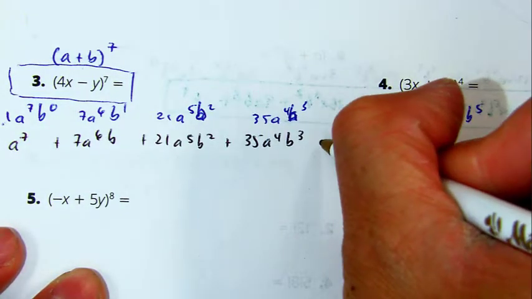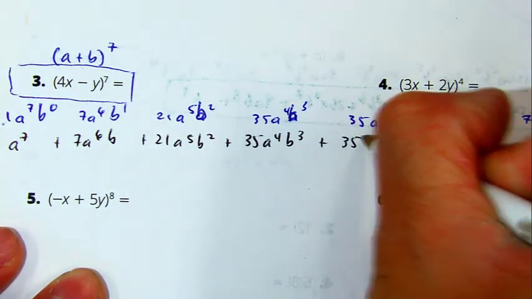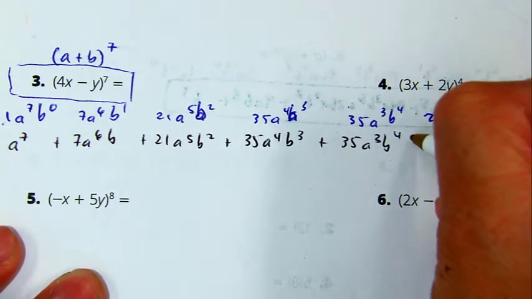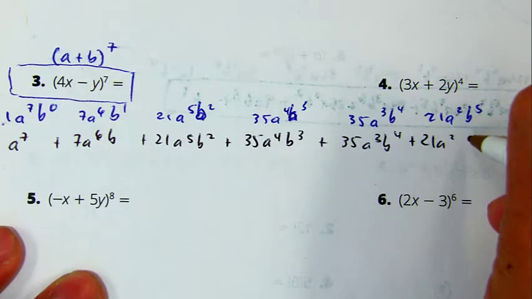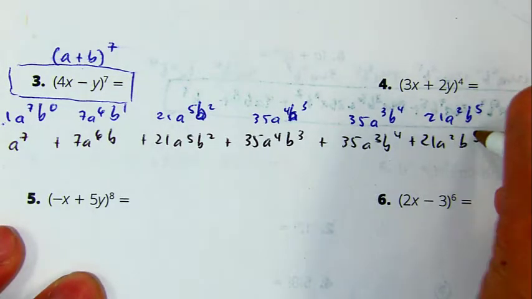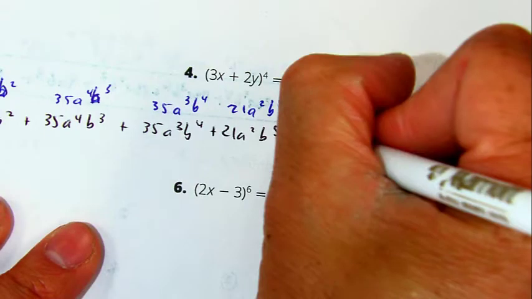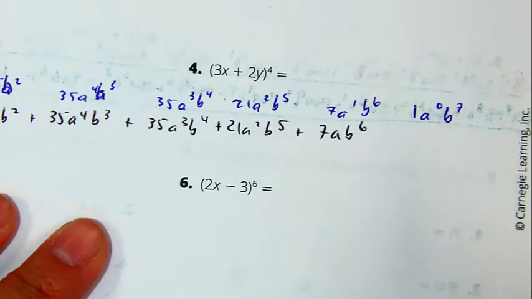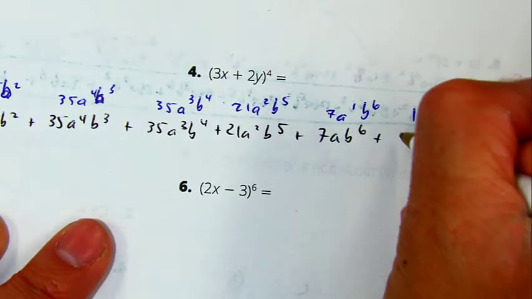Plus 35, A3, B4. Plus 21, A2, B5. Plus 7, A, B6. Plus B7. Raise your hand if you got that as your answer.